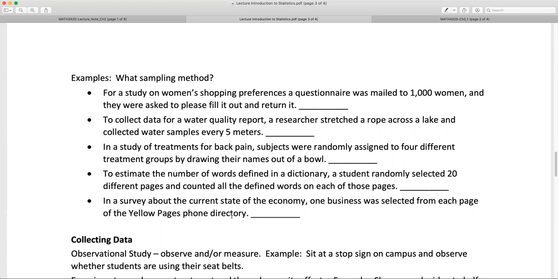We choose randomly one business contact from each page of the yellow pages. That's stratified.